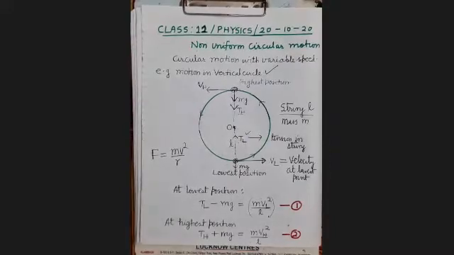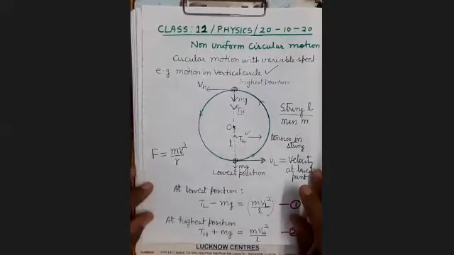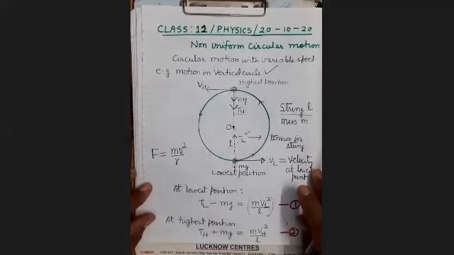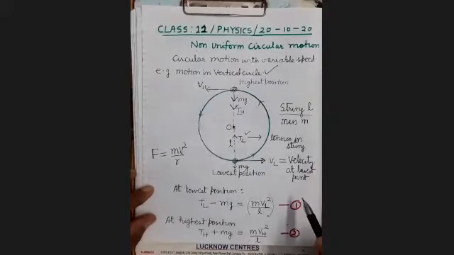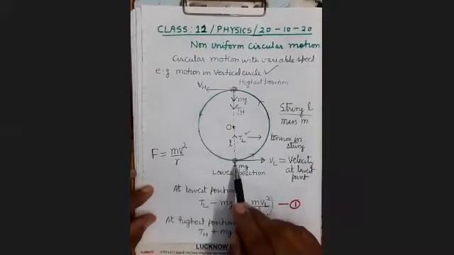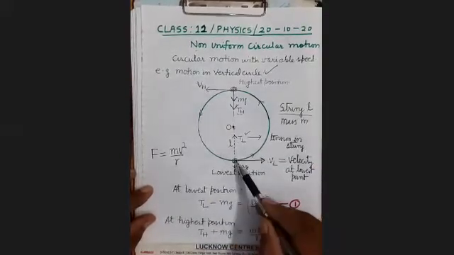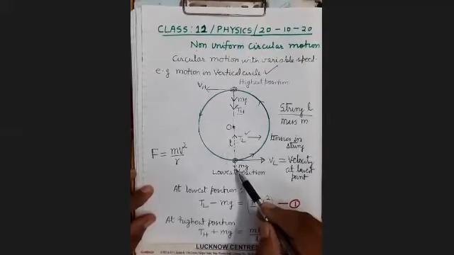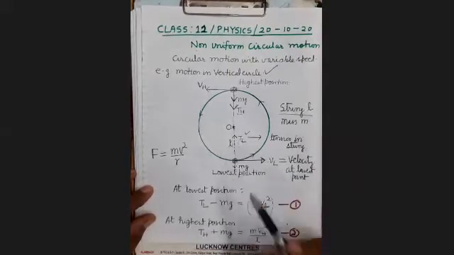So you can see once again, because the screen was blurred. At the lowest position, how many forces are acting upon the body? One is its weight acting vertically downward, and another is tension acting vertically upward.